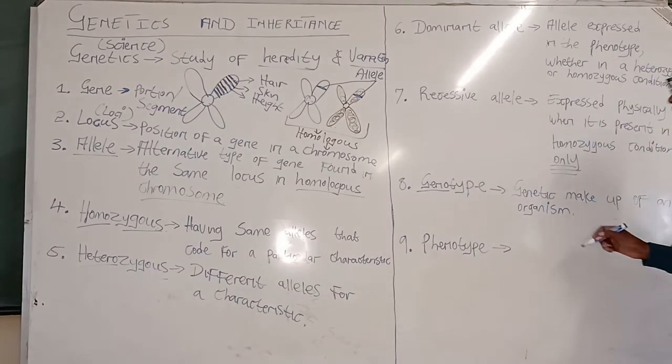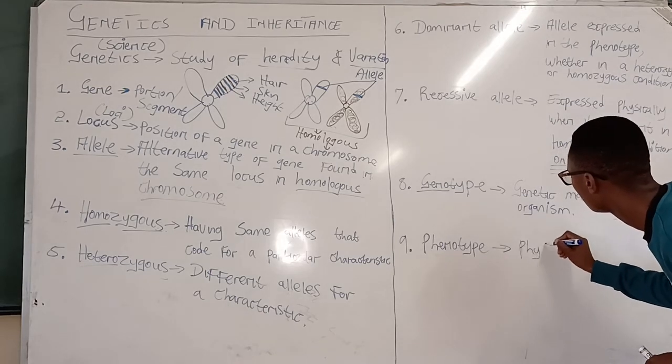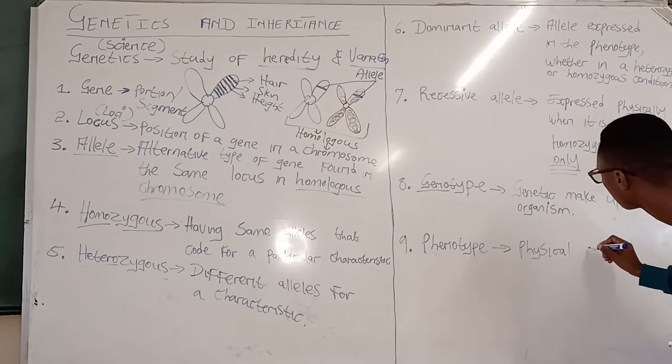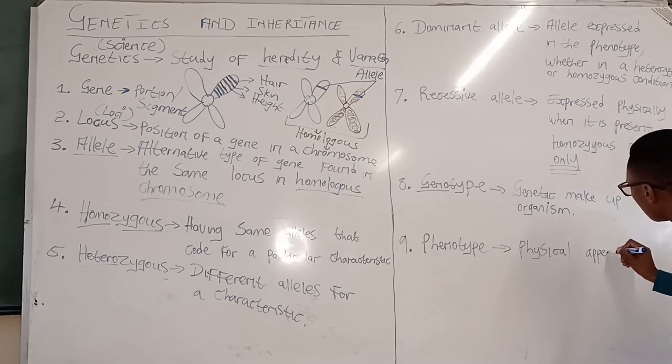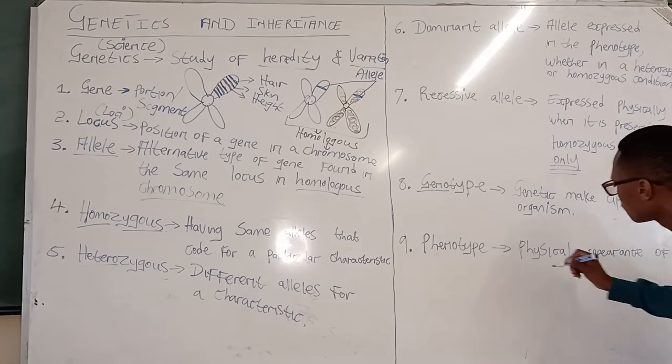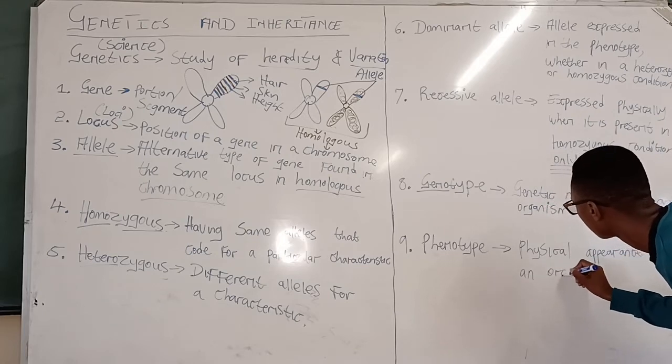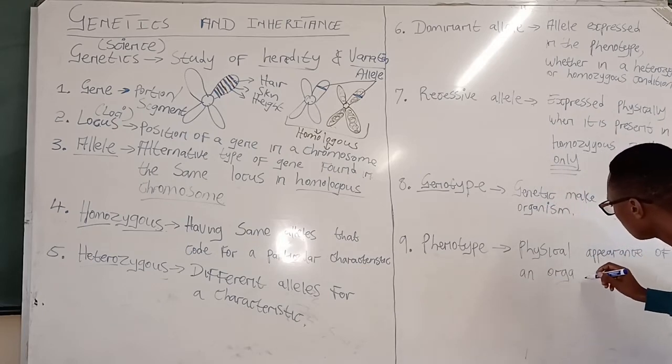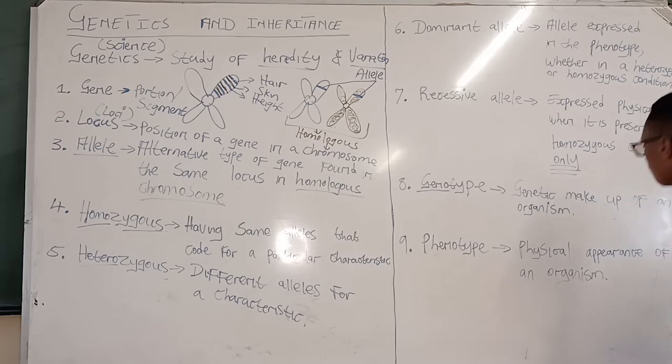So phenotype is the physical appearance or the physical makeup of an organism, or a human being, or whatever organism it can be. It means that when you're looking at your friend, your mom, your dad, or any other organism, it can be an animal, you are looking at its phenotype.